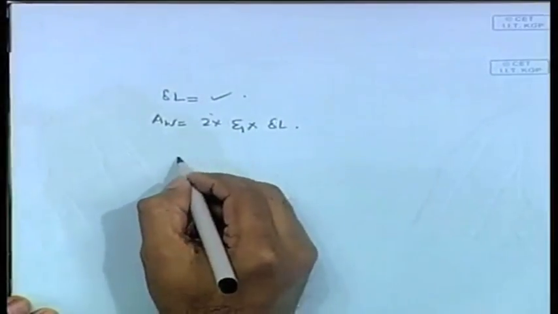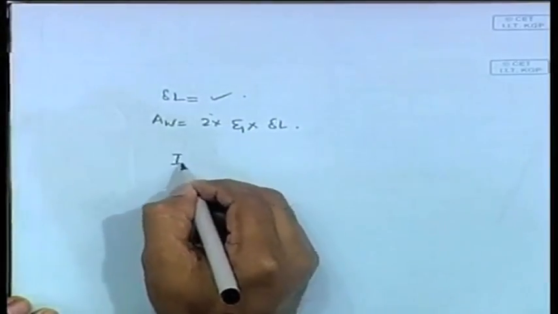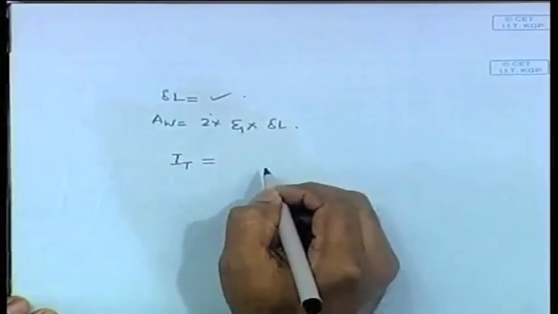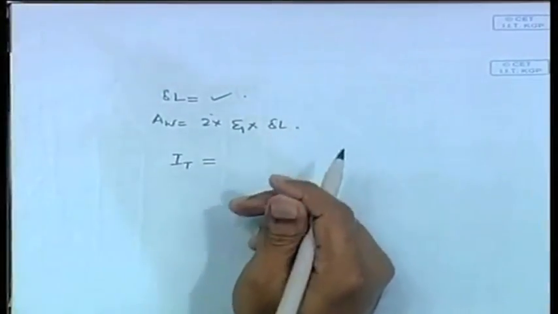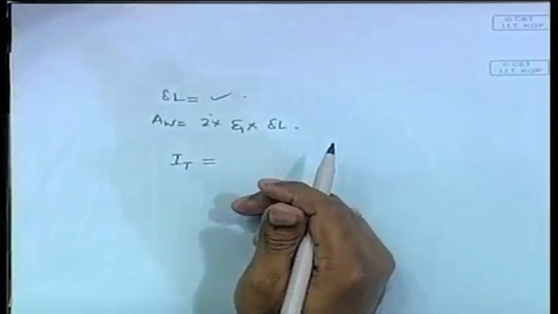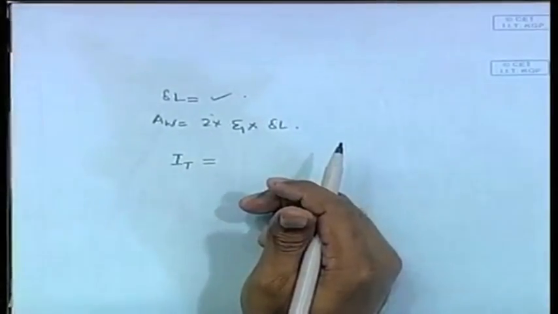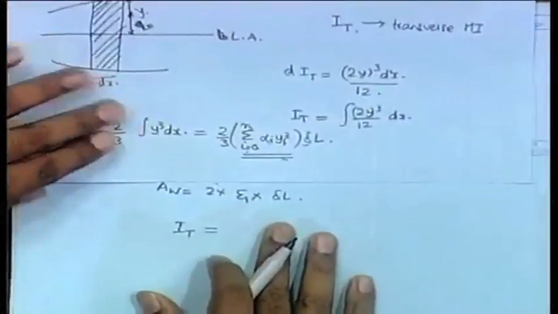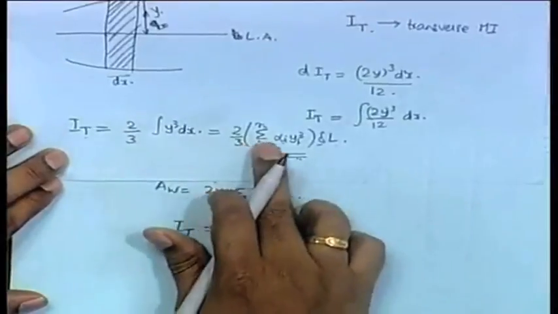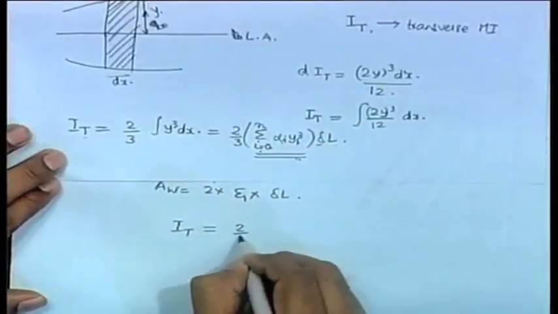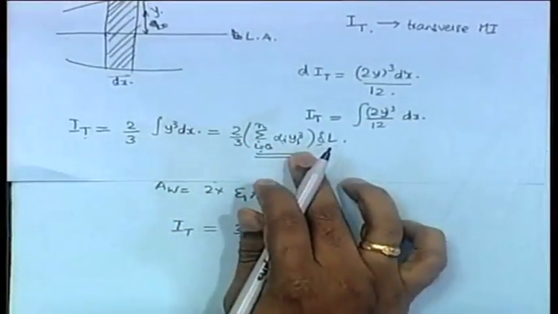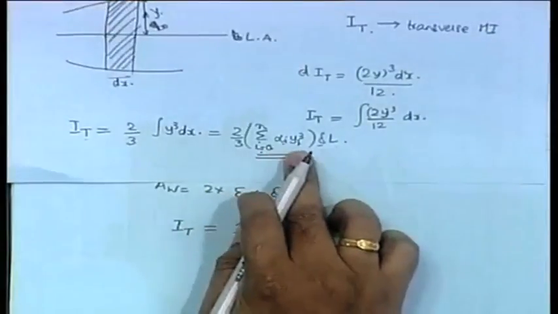and then your next problem is to find IT. Again, let us look at the formula for IT. It is equal to 2 by 3 into, in this column we need alpha I yi cubed.